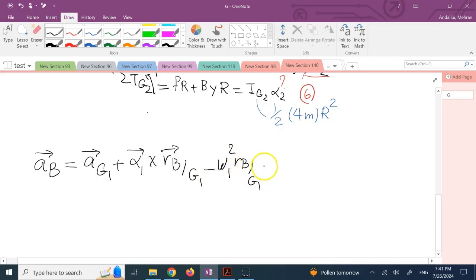And I can write the similar thing for the second member, through the disk. So it is going to be like this.